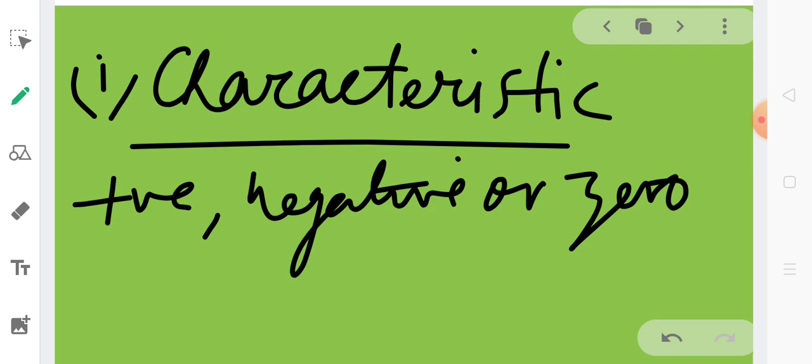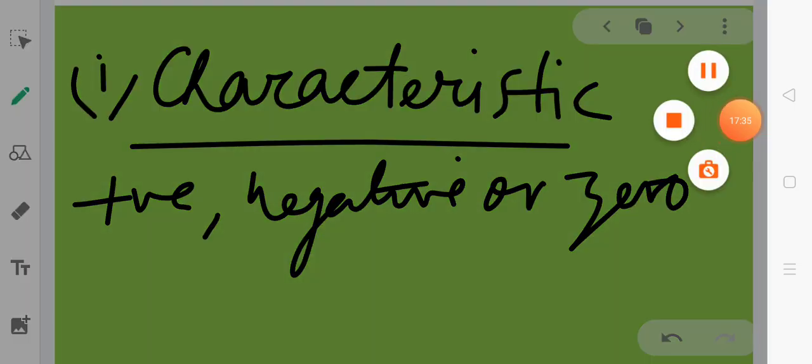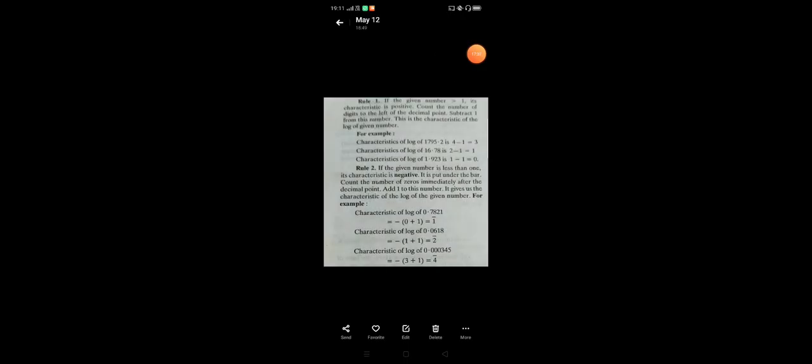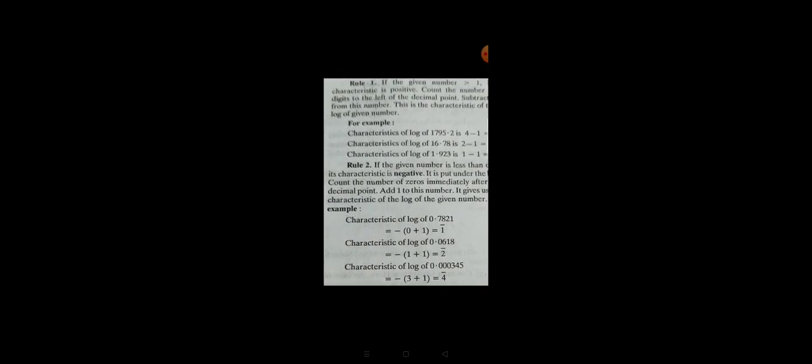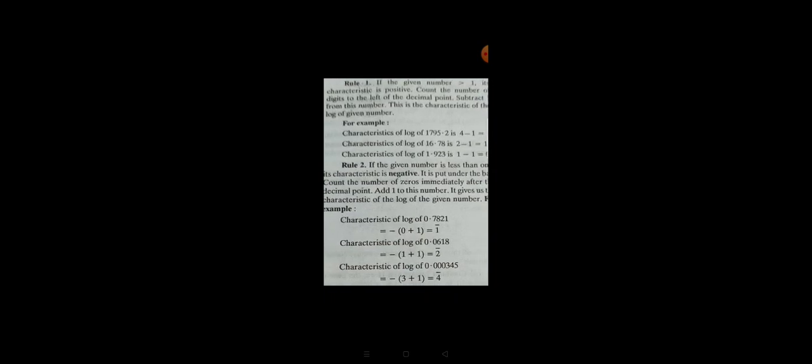So for that, let me show you the rule chart. So there are two rules for finding out the characteristic. Rule 1. If the given number is greater than 1, characteristic is positive. Count the number of digits to the left of the decimal point. Subtract 1 from this number. This is the characteristic of log of the given number.